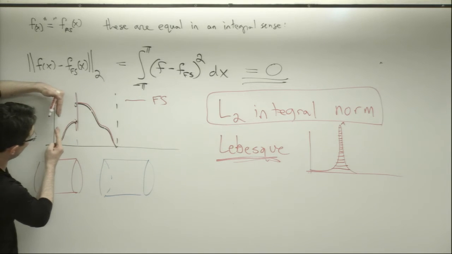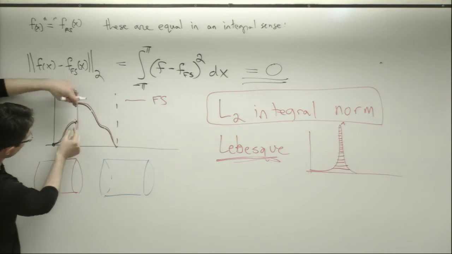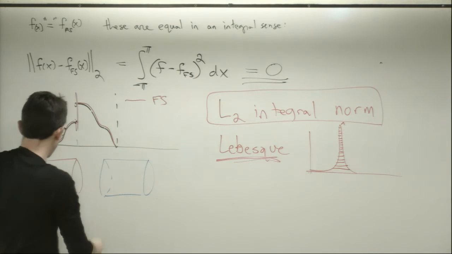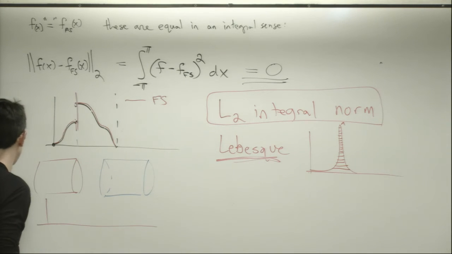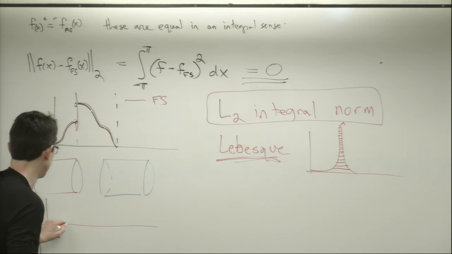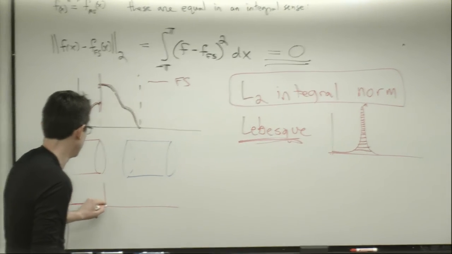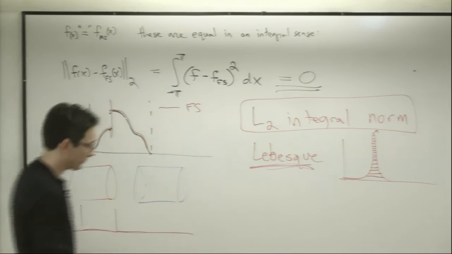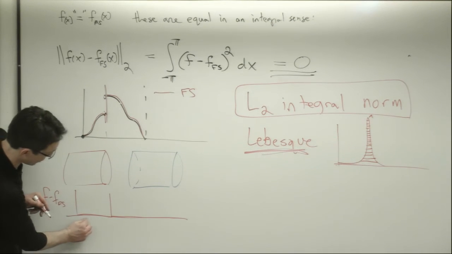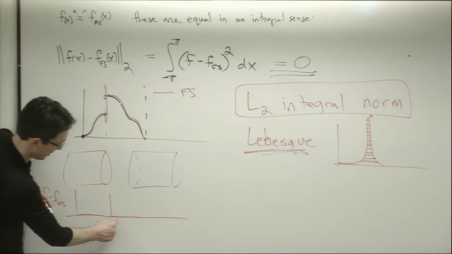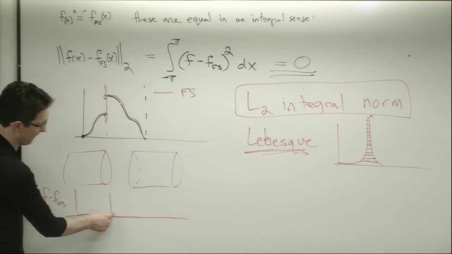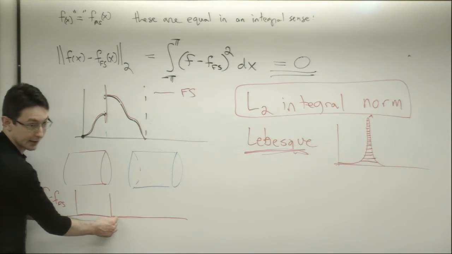And if you add up all of the differences between these two things, if I look at my distance, f minus f Fourier series, I have something that's 0, 0, 0, 0, finite, 0, 0, 0, 0, 0. And if I add up all of these little rectangles, I get 0, and 5 times 0 dx is 0 here.